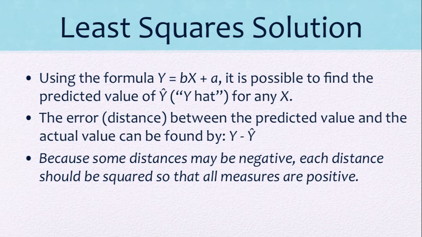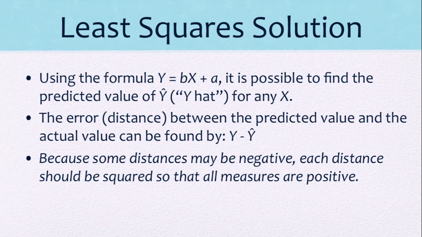To determine how well a line fits the data points, we can define mathematically the distance between the line and each data point. Using the formula y equals bx plus a, it is possible to find the predicted value of y hat for any x. So y denotes the actual value, whereas y hat, or y prime as some texts write it, denotes a predicted value.